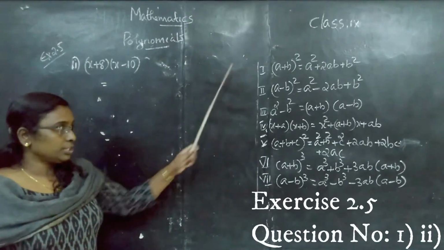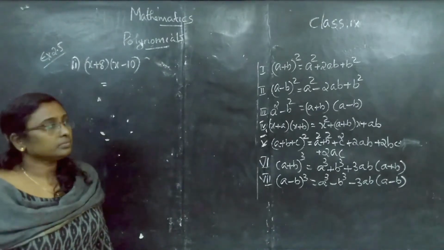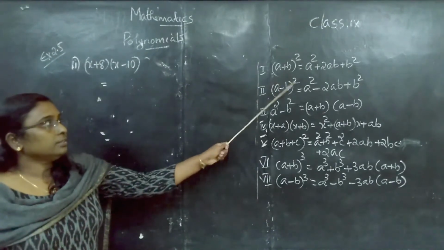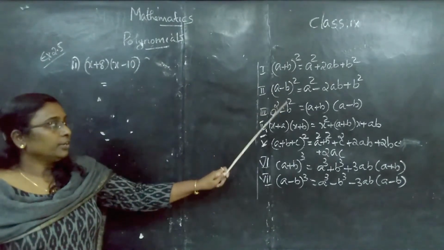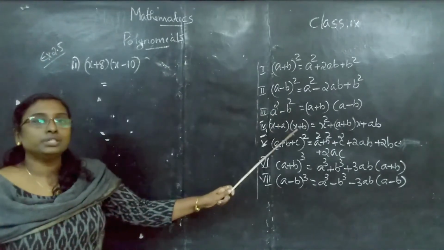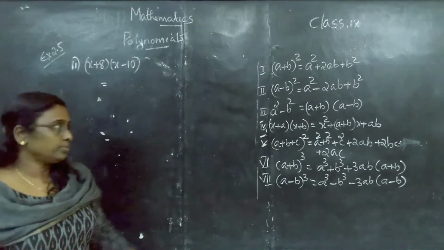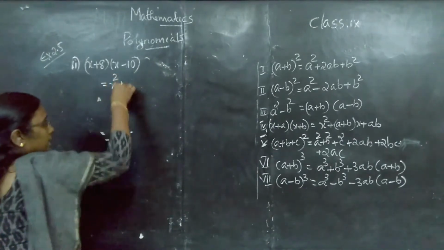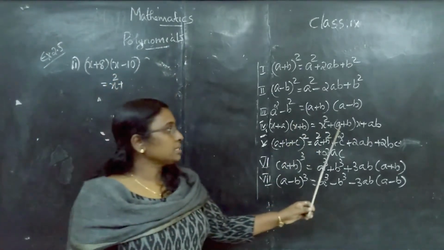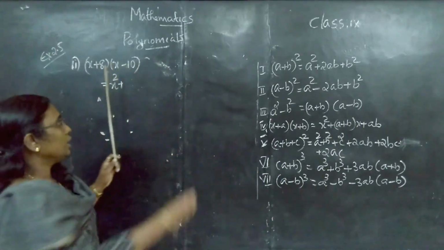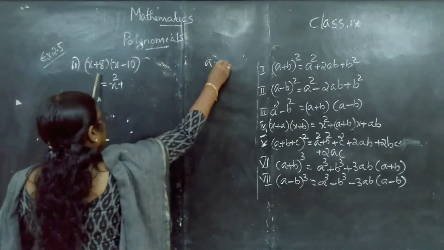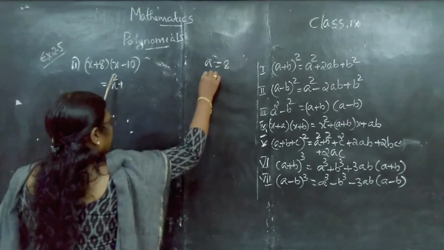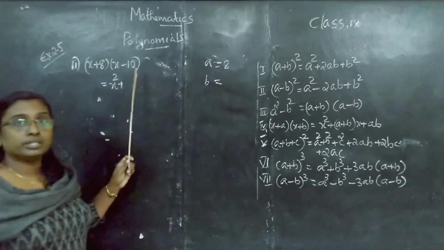Look here, this is similar to which identity? Not this one, not this one, not this one. This is also similar to this one, x plus a into x plus b. x square plus a plus b into x. Here a equal to plus 8 and b is not 10.